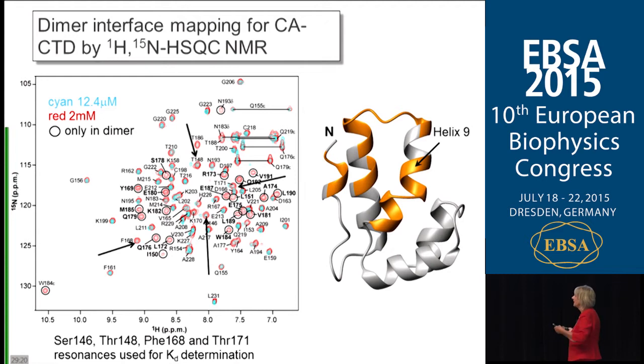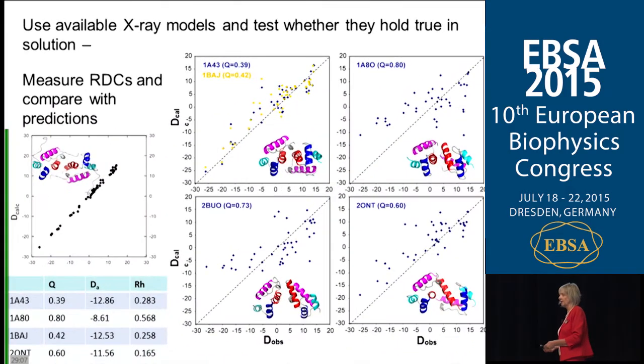Now, another very powerful NMR experiment when you want to check whether a structure is different in, let's say, a crystal or in solution, is to record residual dipolar couplings. You don't need to know anything about how it's done.